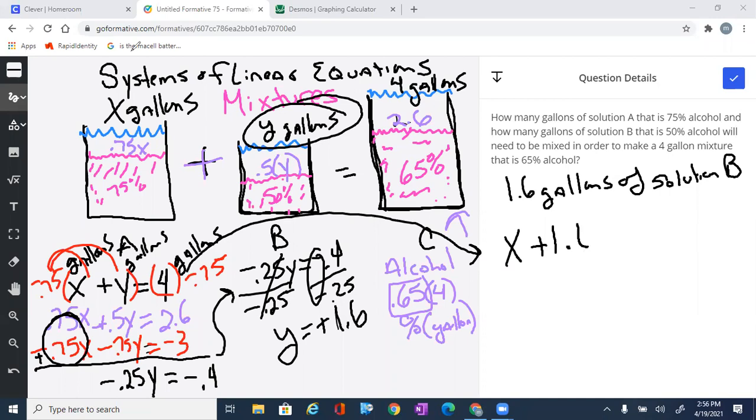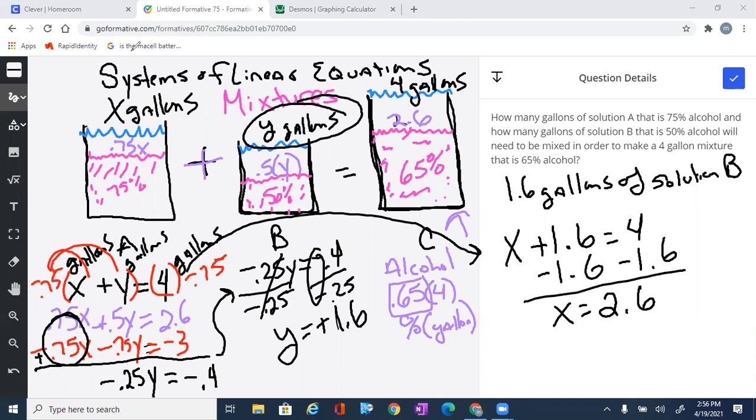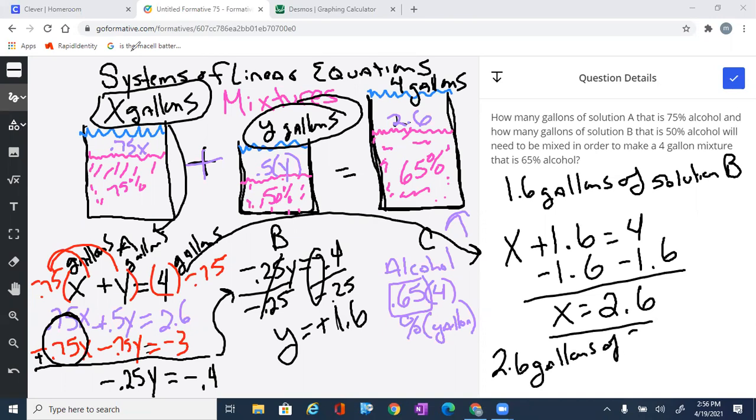So x plus 1.6 equals 4, and then we subtract 1.6 over, and that gives us x equals 4 minus 1.6, which should give us 2.6. You can check that on Desmos if you need to. Now, what does that tell us? Remember, x is gallons of solution A.